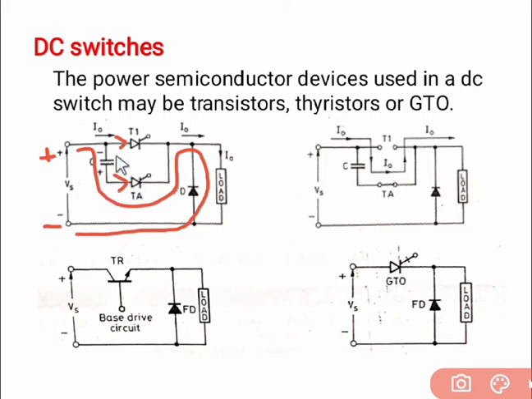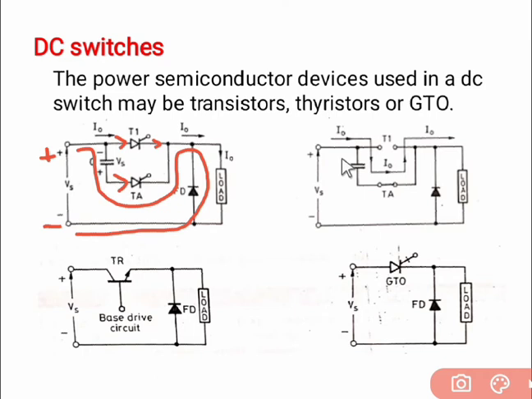The voltage across the capacitor is connected in series with the source, so most of the current is flowing through TA. The current flowing through T1, the main thyristor, falls below the holding current. That means at below holding current the thyristor T1 will turn off.